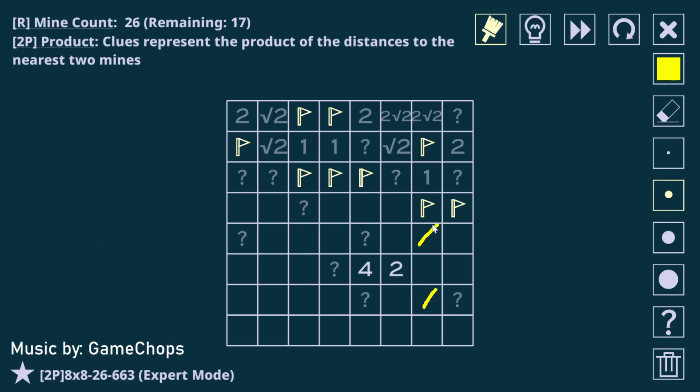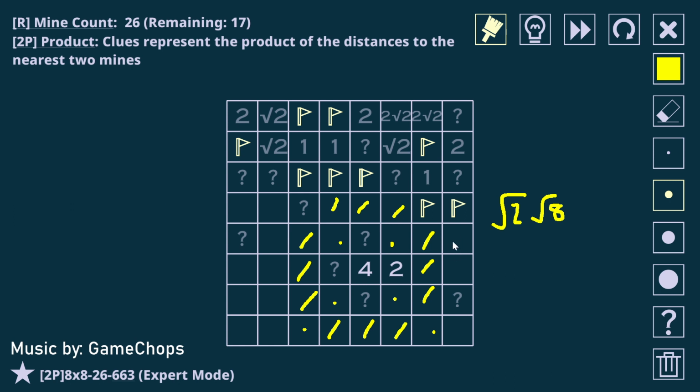Okay, yeah, alright. So let's think about this for if it was 2 times root 8. If it was root 2 times root 8, what could it not see then? These are the things that are root 2 away. These are the things that are root 8 away. Anything within this range, any of those cells are not viable.